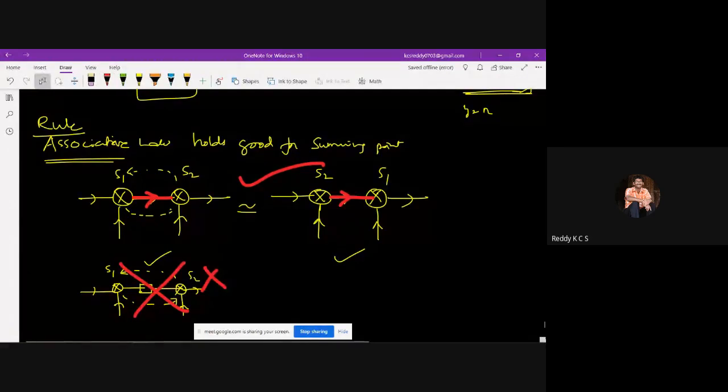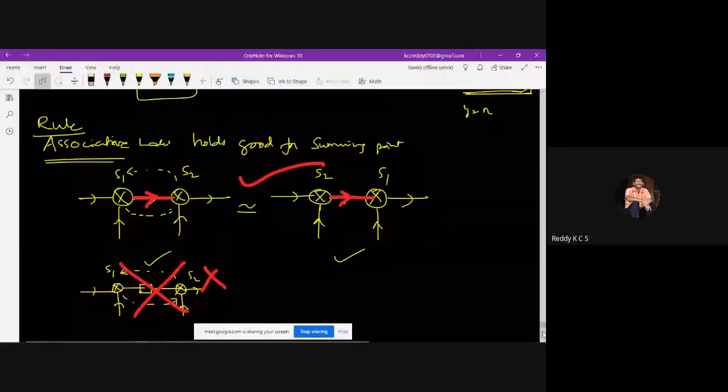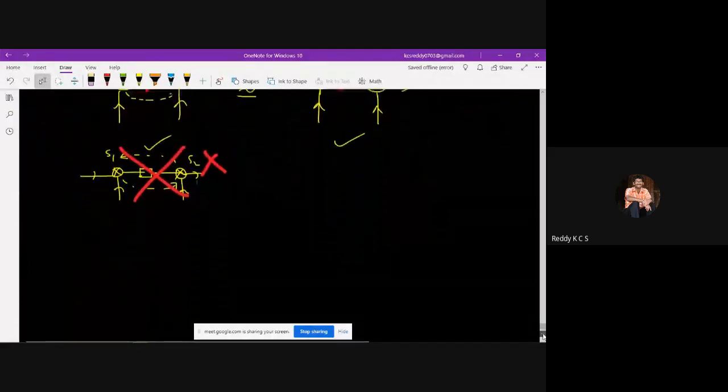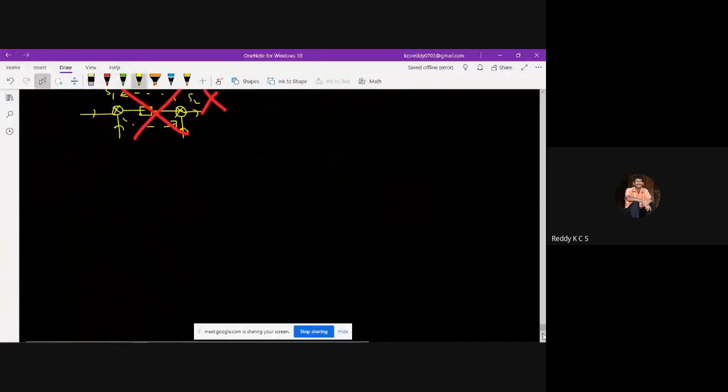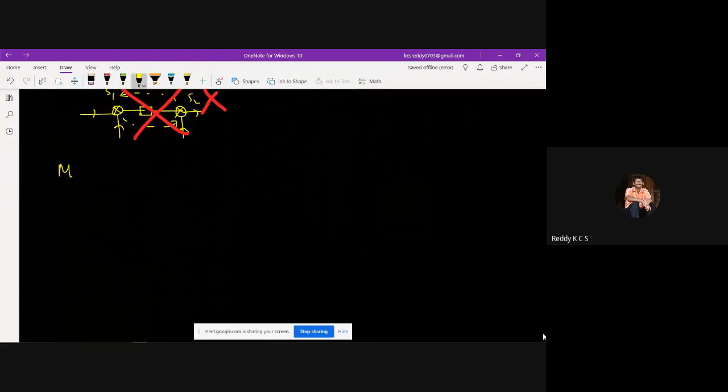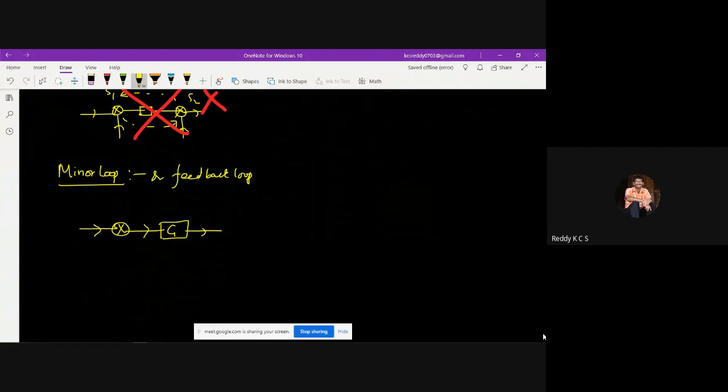And finally, one more rule is there, that is called the minor loop rule. We discussed what is meant by minor loop in the beginning of the class. A minor loop is nothing but a feedback loop. In this, there is one summing point, one block in the forward path, one block in the feedback path, that is H, and one takeoff point.